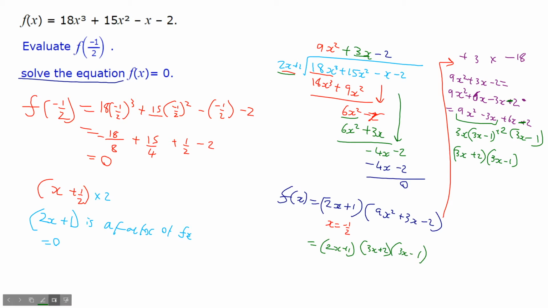Now, all we need to do is solve each of these. For this one, x is equal to minus a half. For this one, x is equal to minus 2 over 3. And for this one, x is equal to a third, okay? Because what we do is we set each of these to 0, and we can solve from there.